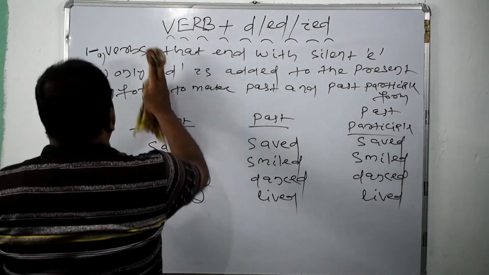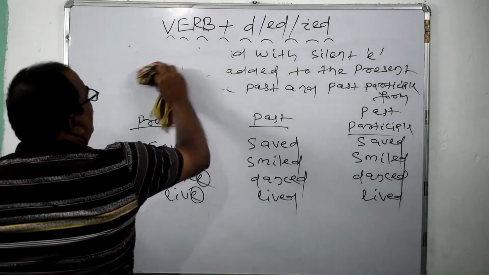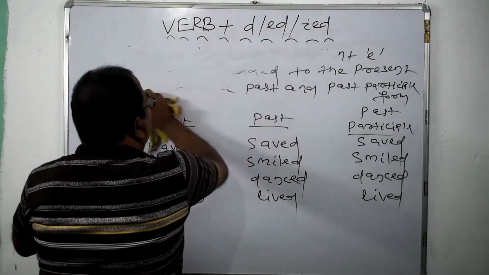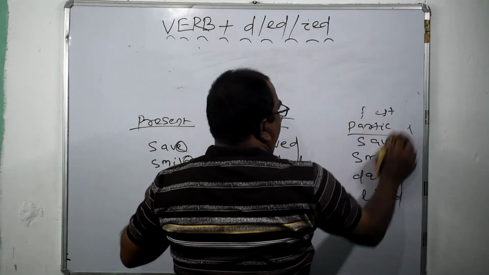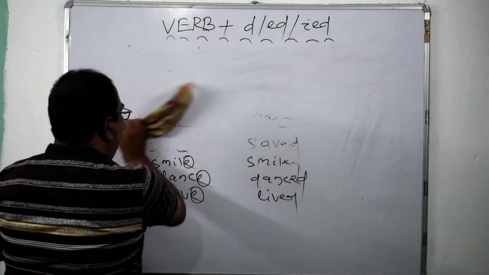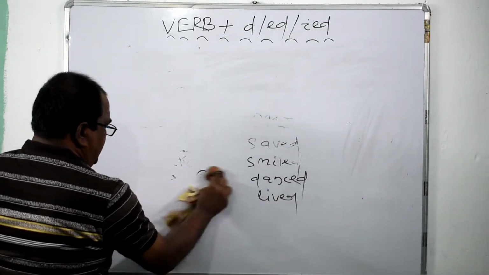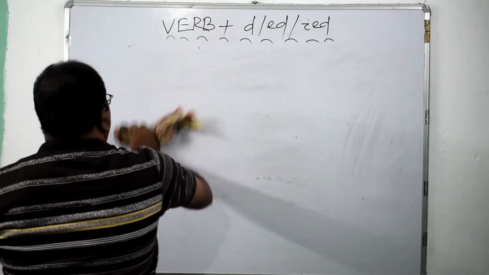We can proceed to another formula or rule in which we have to learn how to form the past and past participle forms of the verb. Rule number 3.